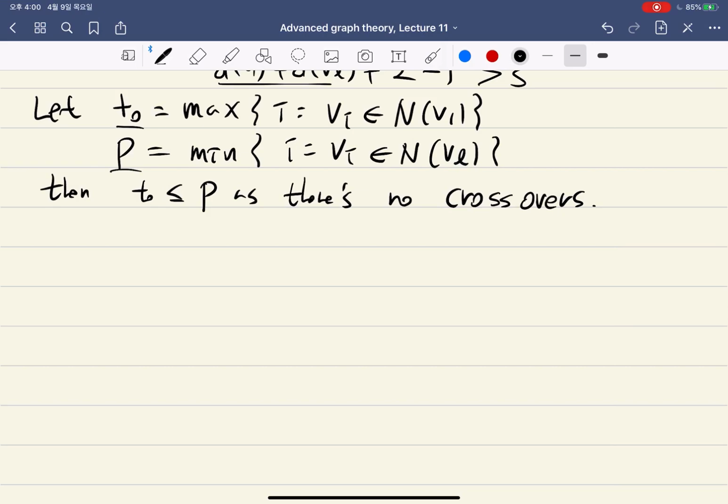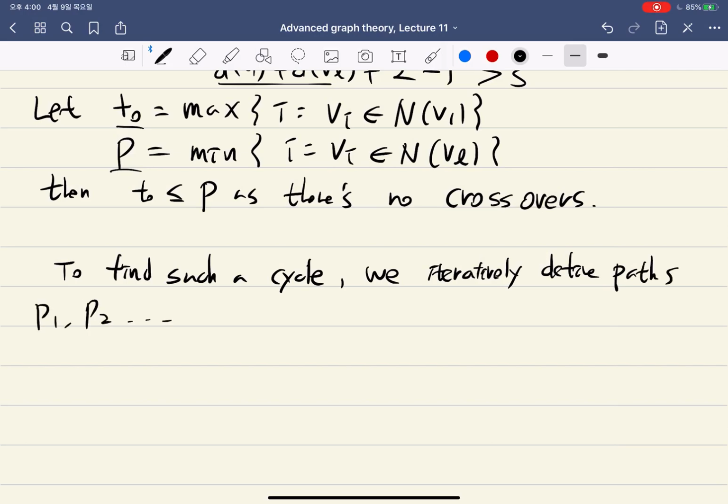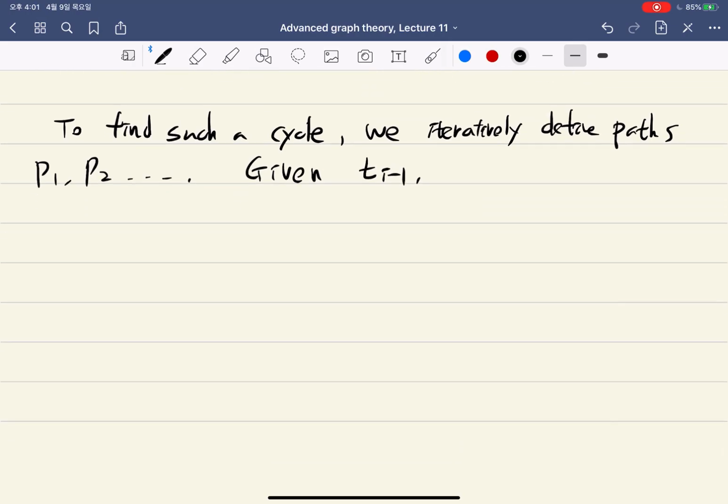So now we want to find such a cycle. To find such a cycle, we iteratively define paths P1, P2, and so on. How? Given T(i-1), we have T0.